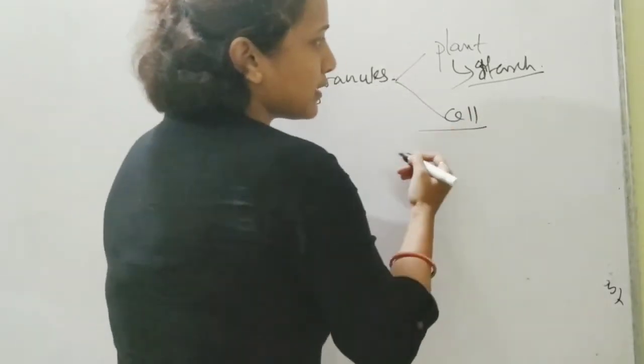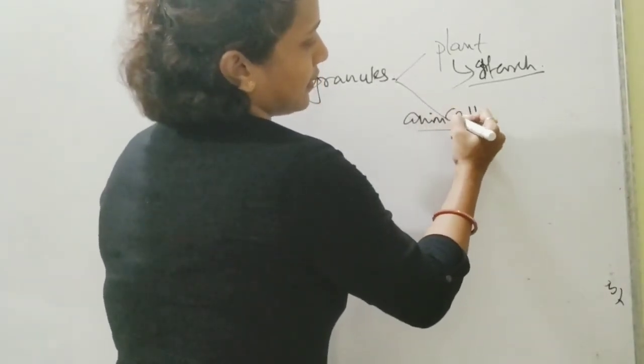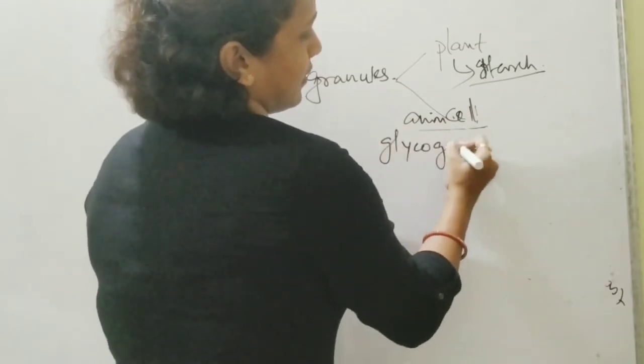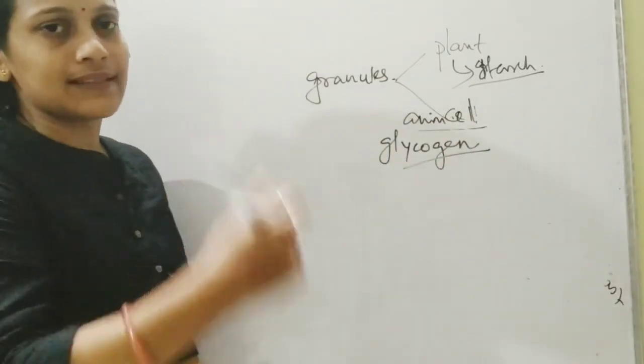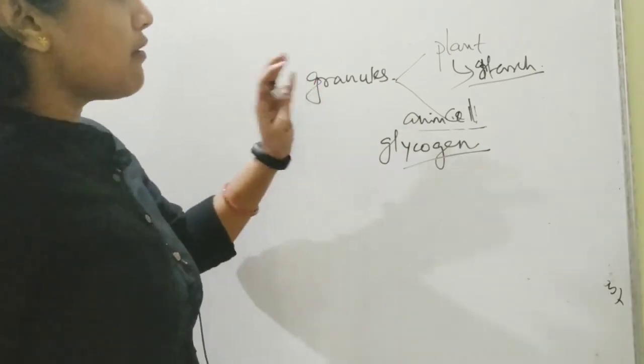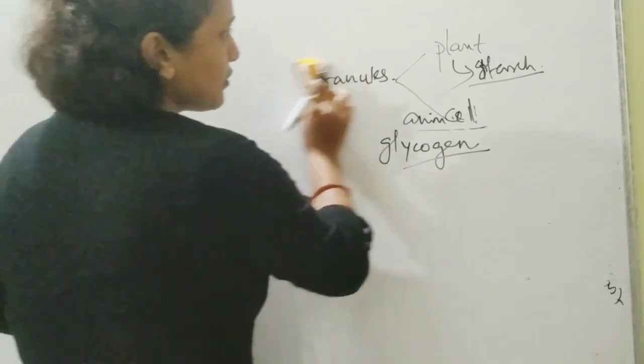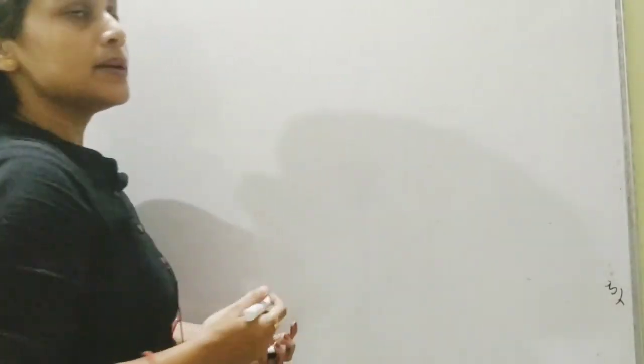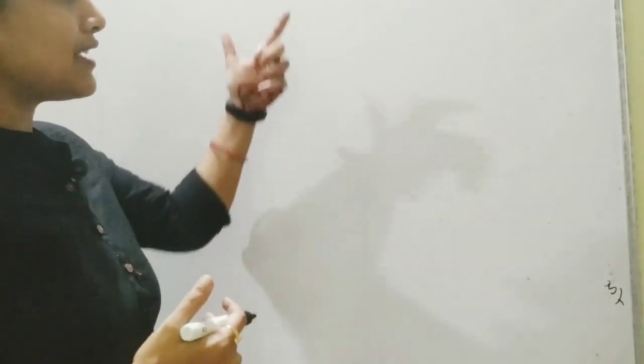And when we talk about the animal cell, it is the glycogen granules in the cytoplasm. Now after this, we come to the most important part, that is the nucleus. The nucleus always gets special attention when we talk about the entire cell. So let's see what it is about.